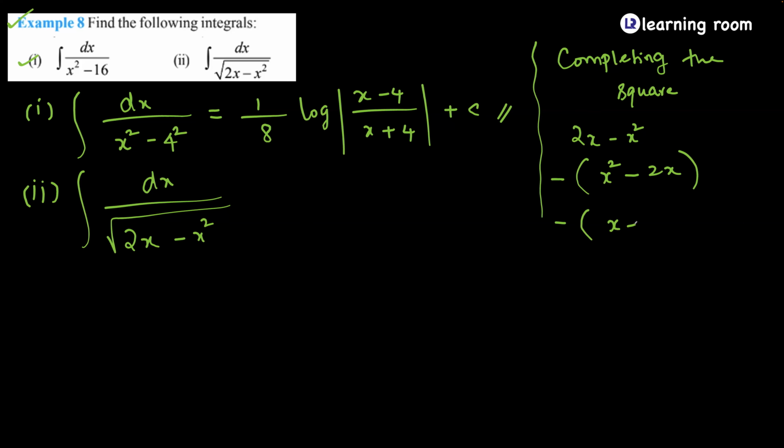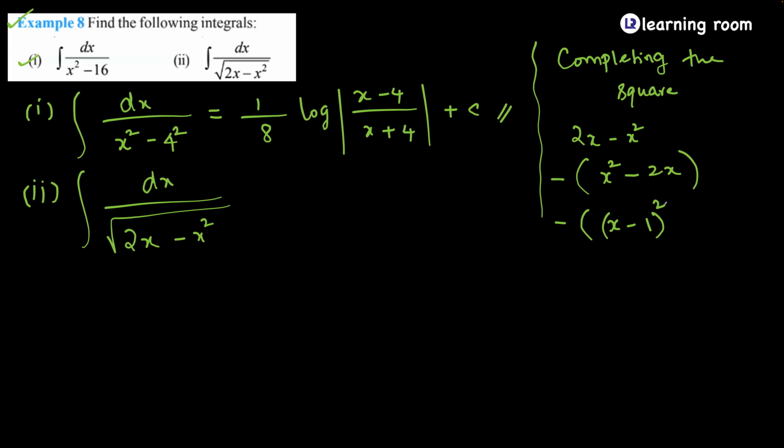Make the coefficient of x half of it. So reduce the coefficient of x by half. So what will you write? 1. I told coefficient of x, not x. Coefficient of x is reduced by half, so it is 1. So it is basically x minus 1 the whole square.